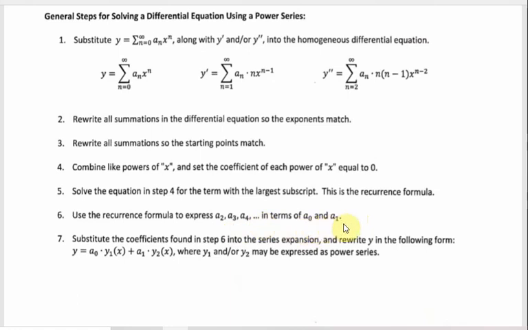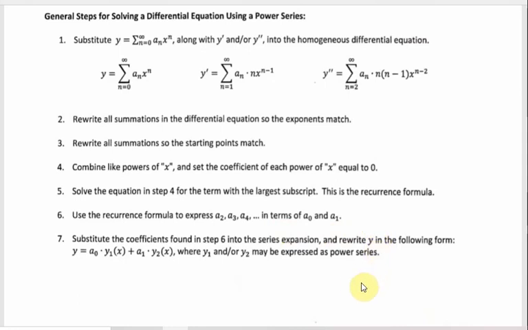What usually happens if you're doing this with a second order equation is that all of the even ones end up kind of blocked off as one thing and the odd ones are another. Like you end up being able to rewrite a3 in terms of a1, then a5 in terms of a3, kind of like that. And then a2 in terms of a0, and then a4 in terms of a2, and that kind of thing.